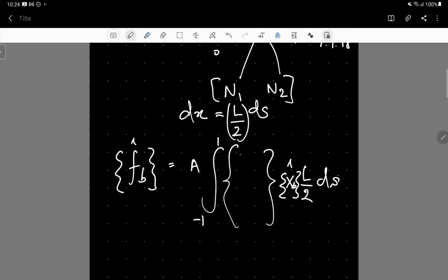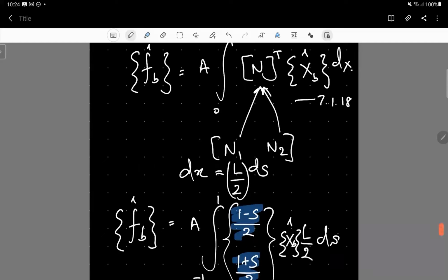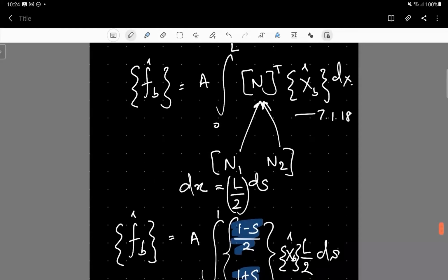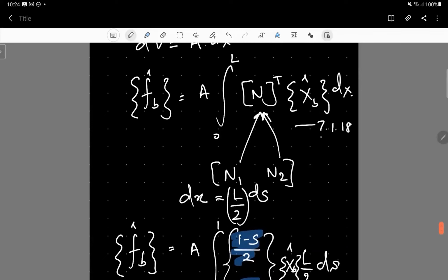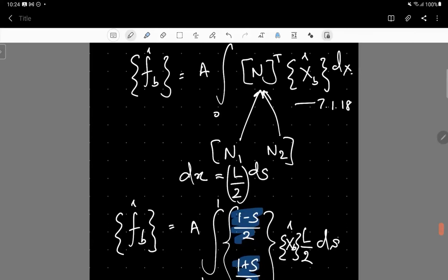And inside the brackets we have the two shape functions, again, which are functions of the natural coordinate system. These are the N1 and N2 values which we previously obtained. I have simply substituted N1 and N2 as well as the relationship between the two coordinate systems for evaluating the integral given by equation 7.1.18.